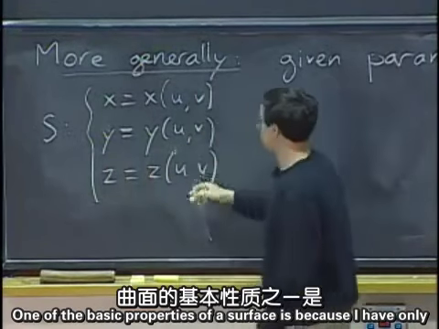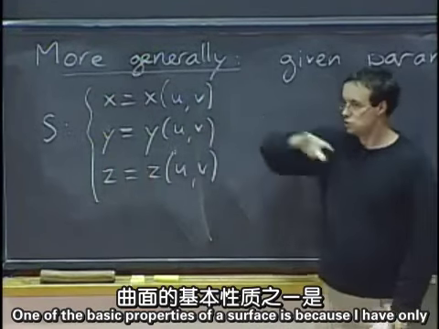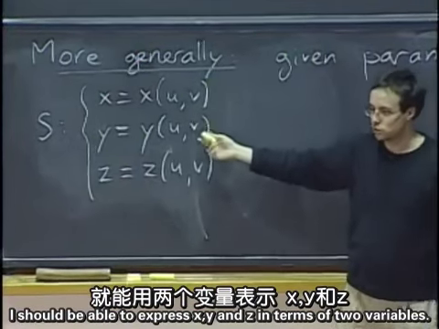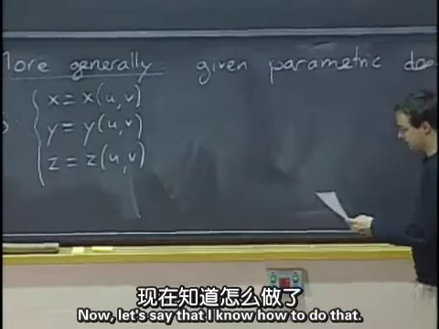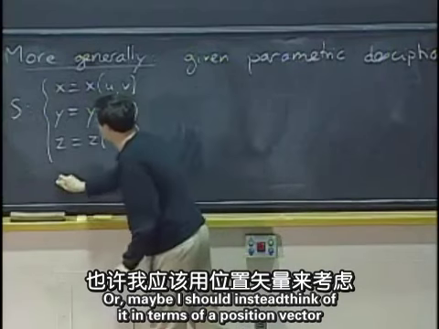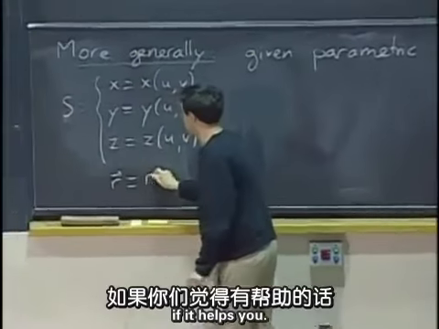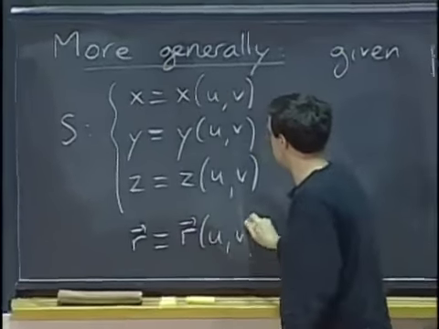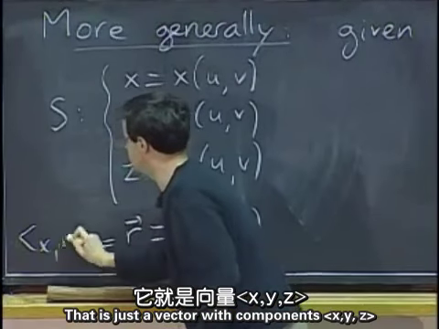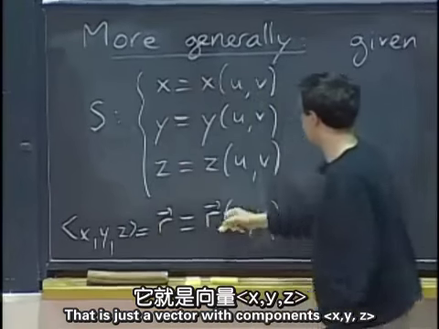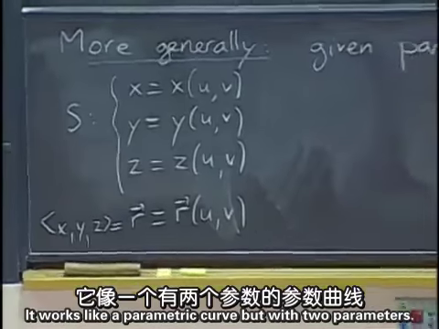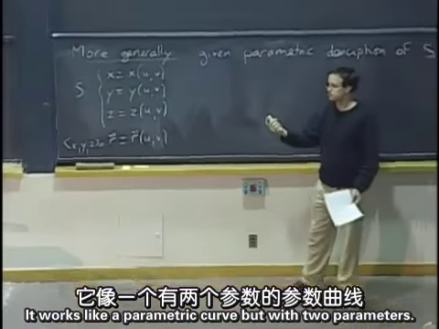One of the basic properties of a surface is that because I have only two independent directions to move on, I should be able to express x, y, and z in terms of two variables. Maybe I should think of it in terms of a position vector: the vector with components x, y, z is given as a function of u and v. So it works like a parametric curve, but with two parameters.